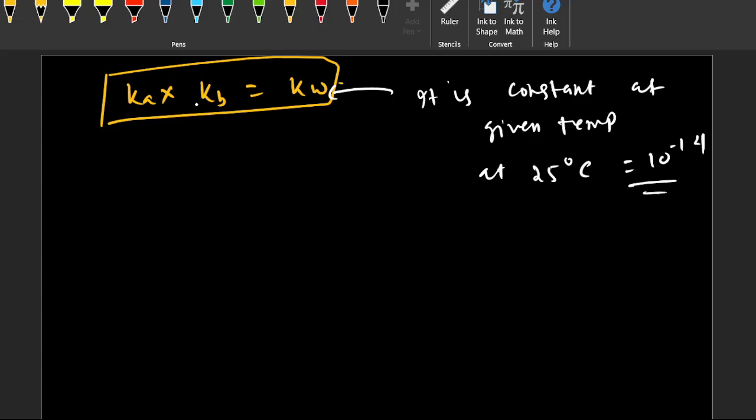But Ka and Kb will change depending upon whether the compound is more acidic or more basic, while Kw remains constant at a given temperature. So I can write Ka equals Kw by Kb. Since Kw is constant, we can write Ka proportional to 1 by Kb.